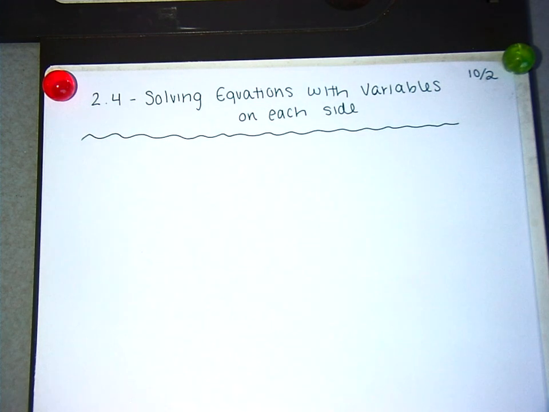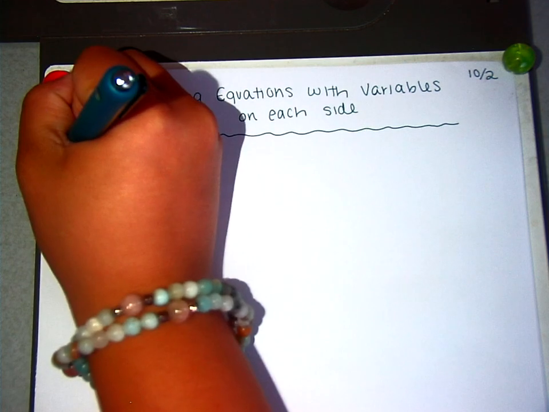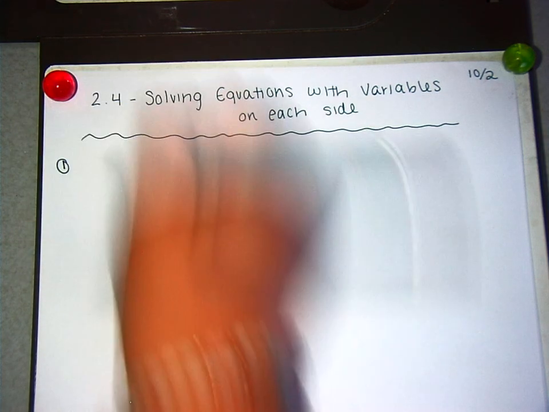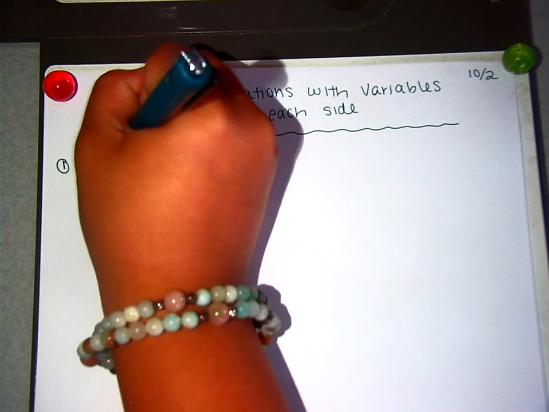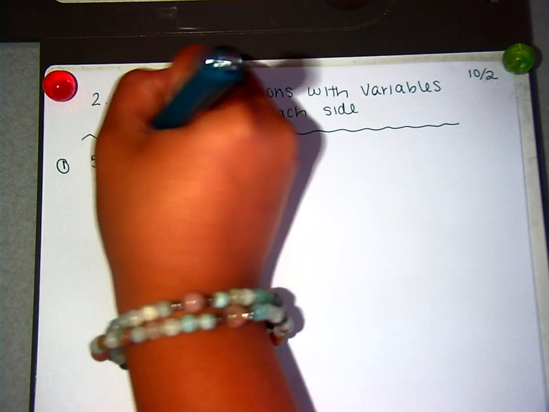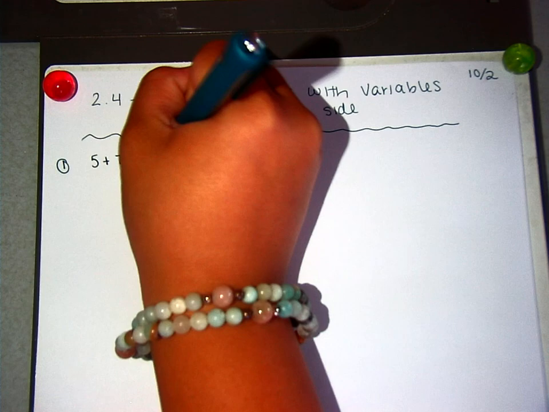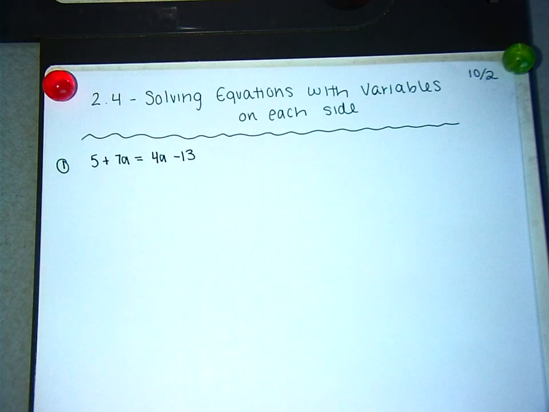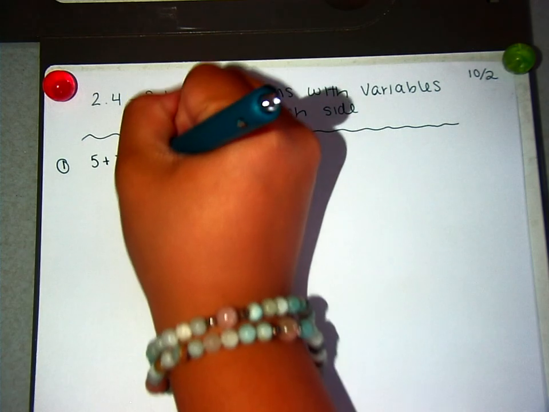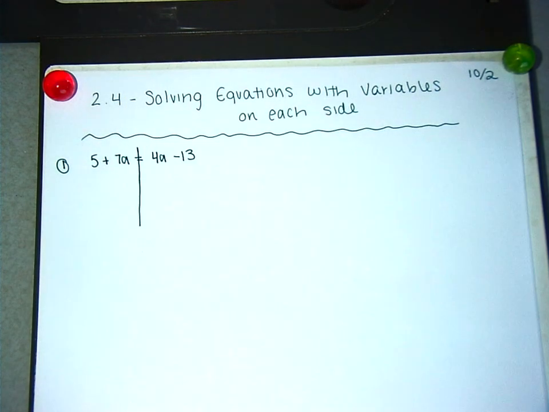Okay, so we're gonna just jump right into examples. Example 1: 5 plus 7a equals 4a minus 13. Our first step, draw the line.